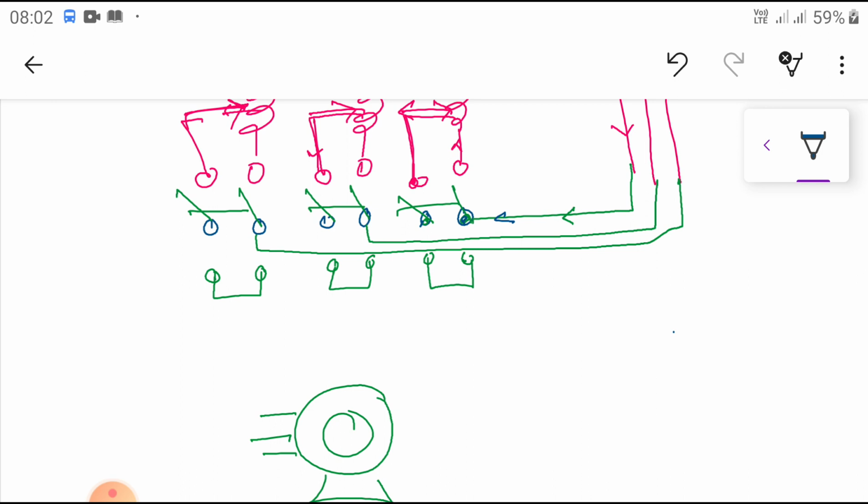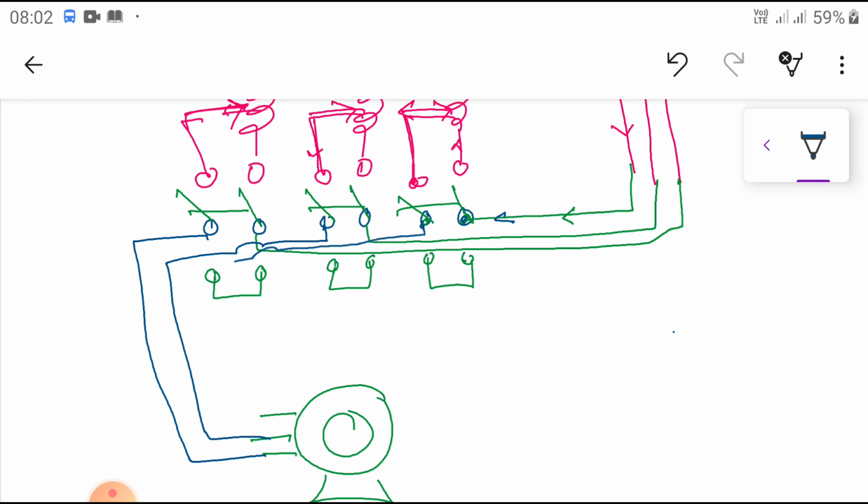Whatever the second terminal is connected here, whatever the second terminal is connected here, and whatever the second terminal is connected here. Now it is connected to the input here.